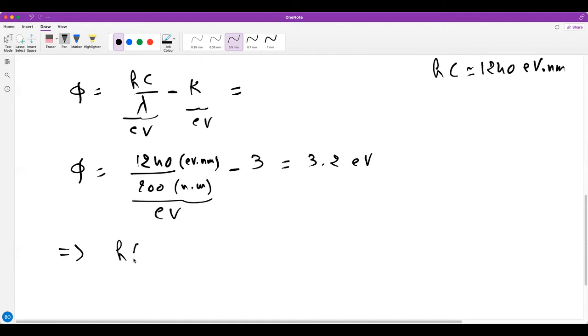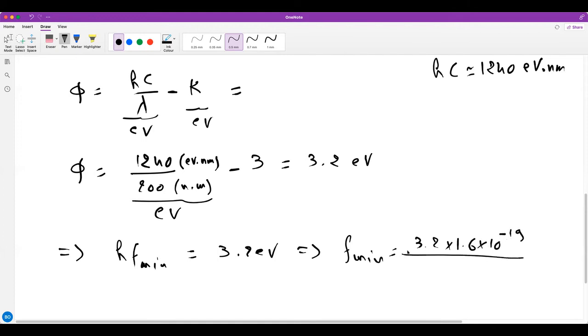Now we can calculate the minimum frequency. So h times the minimum frequency will be equal to the work function, which means the minimum frequency will be equal to 3.2 electron volts, but then you have to convert to joules with 10 to the minus 19, divided by 6.6 times 10 to the negative 34.